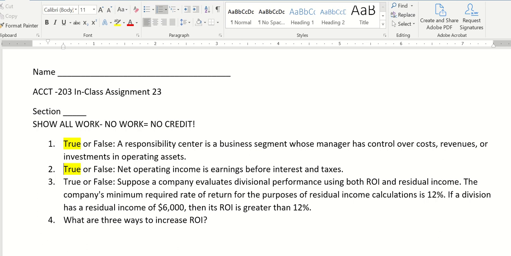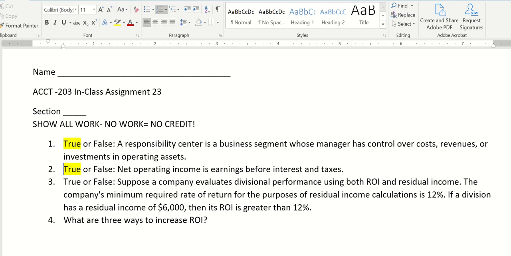If you recall from last in-class assignment number 22, problem 6, the ROI was exactly the same as the minimum required rate of return. So if the required rate of return is 12 and the ROI is 12, your residual income should be 0. That's what happened last time: the ROI and the minimum required rate of return were equal, and that's why residual income was $0.